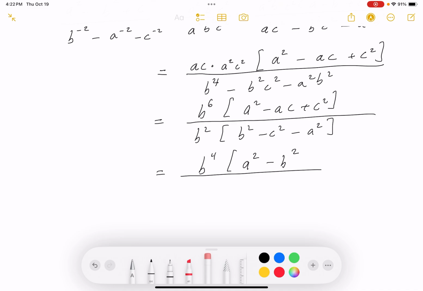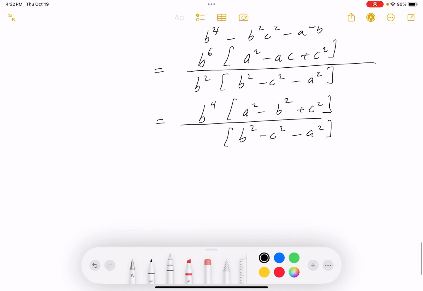Whoops, I made a mistake in copying. Let me go backwards. Actually, I was looking at the bottom. I'm sorry, I didn't make a mistake in copying. So A squared minus B squared plus C squared. And the bottom is B squared minus C squared minus A squared.